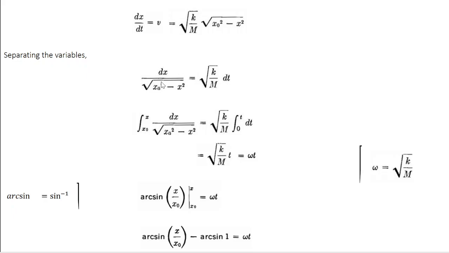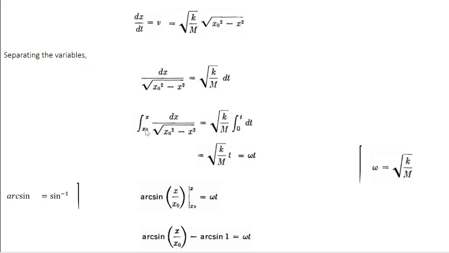So you have all the x terms on this side, so you can integrate with respect to x. Then you have all the time terms on the right hand side, with the square root of k by m. This is a constant, so it doesn't take part in the integration or differentiation, so you don't have to bother about that. You can straight away do the integration with respect to time on the right hand side. What are the limits of the integral?